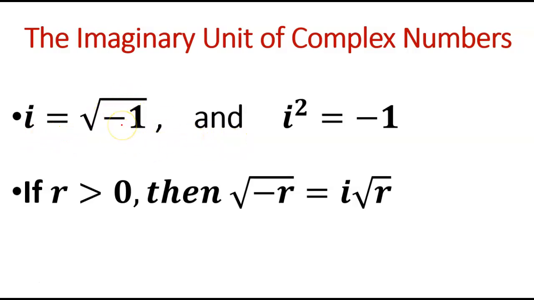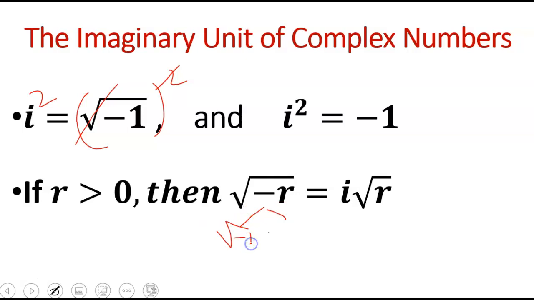If we square both sides of this equation, this will cross out, and that's how we get i squared equals -1. So if you have any negative number under the radicand, we can just take out the i, because we can make that number be the square root of -1 times the square root of the positive number. The square root of -1 is i, and then we multiply it by the square root of r, which leaves that alone, and then we can evaluate it.